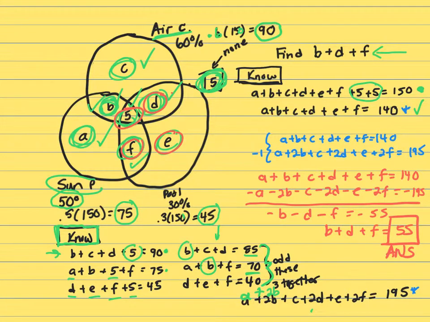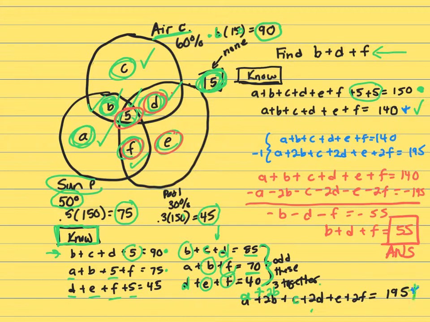How many C's do you have? Just one. That's this C here. And then you've got 2 D's, 2D right here. And then you've got an E. And you've got 2 F's. And that gives you, when you add up 85 plus 70 plus 40, that gives you 195.